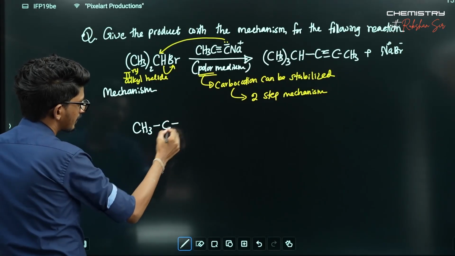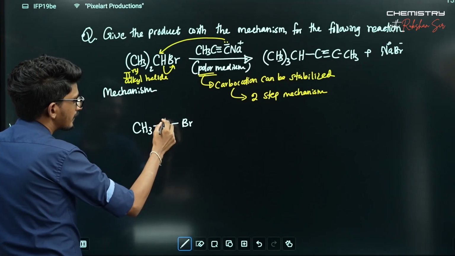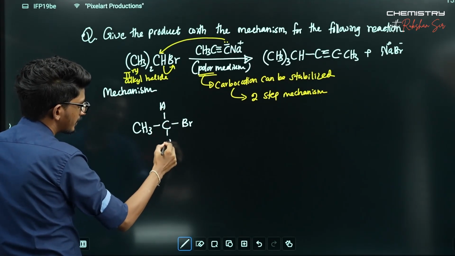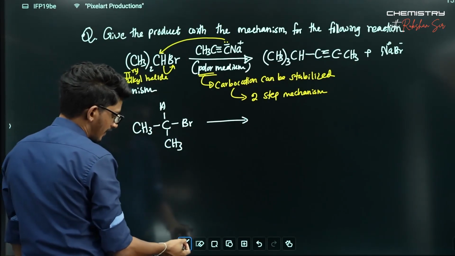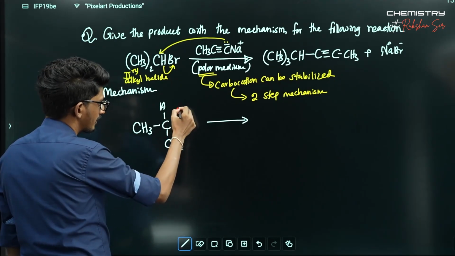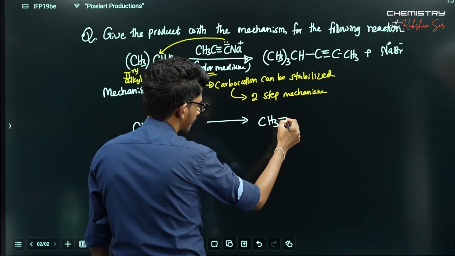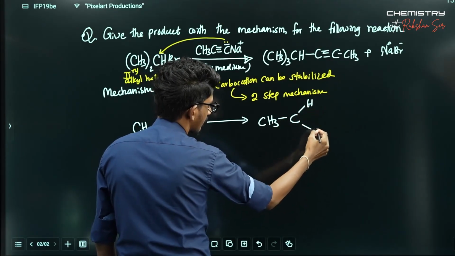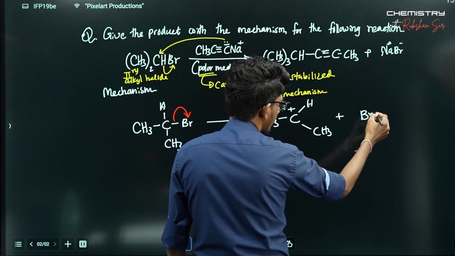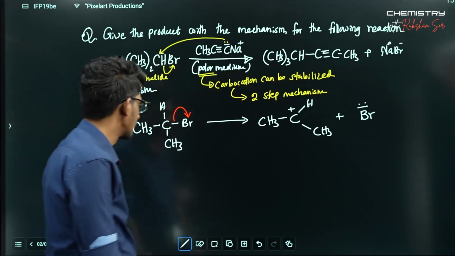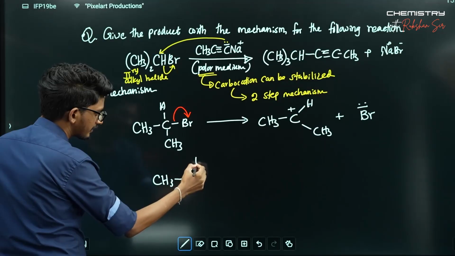First thing that happens is the formation of the carbocation by removing the halogen. This halogen will leave and form the stable carbocation. This is the first thing that happens in the carbocation mechanism, the two-step mechanism. This is the leaving group. After that, the nucleophile will attack.